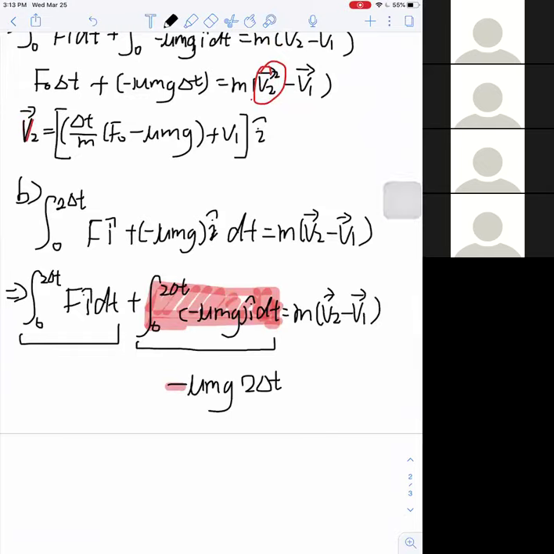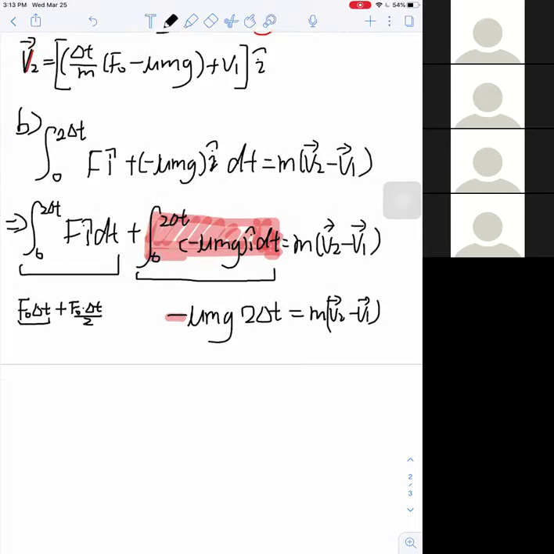This first part equals F0 delta t, the area of that rectangle, plus the small triangle, which is F0 times delta t over 2. This whole thing equals m v2 minus v1.